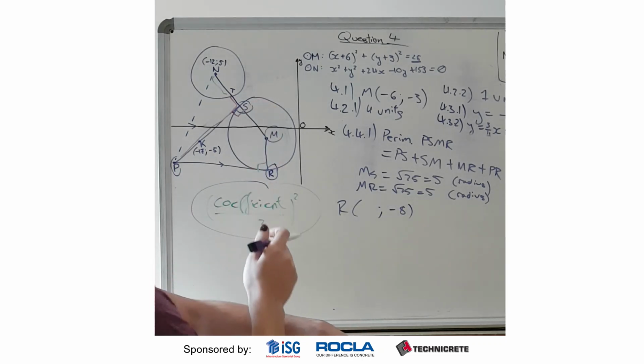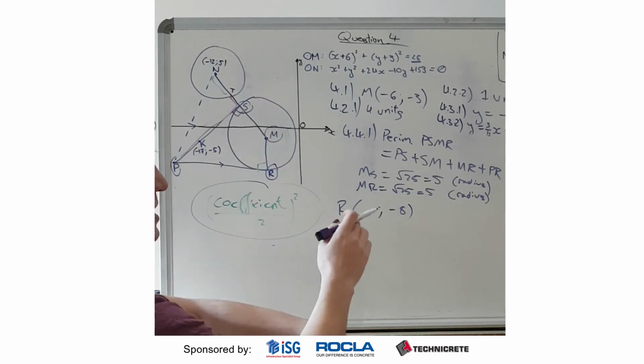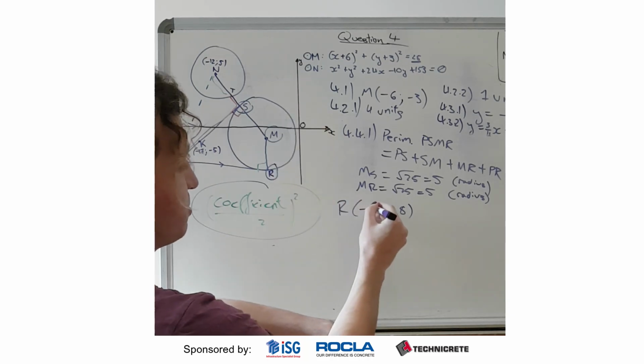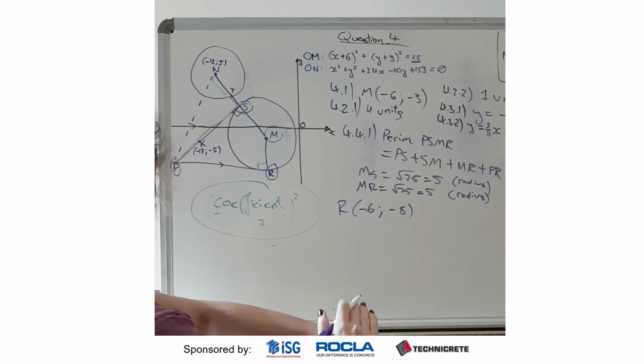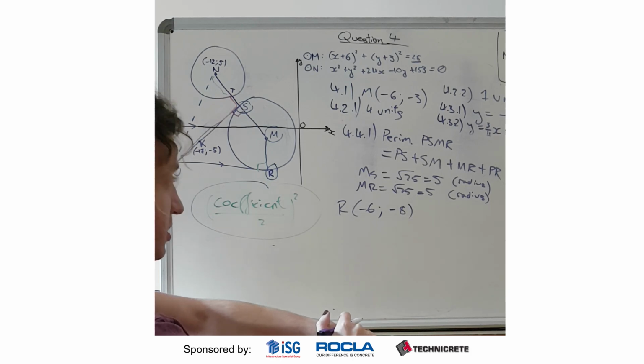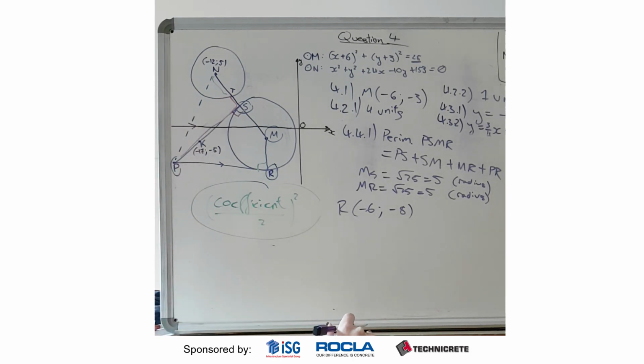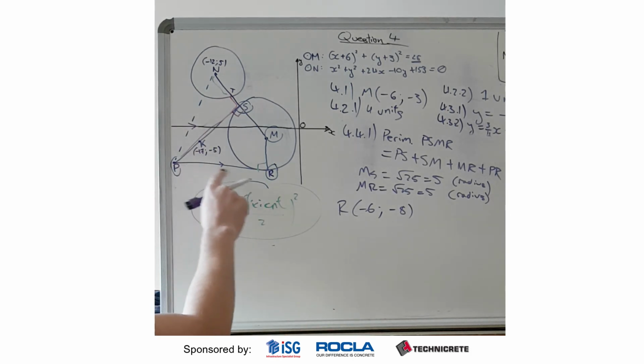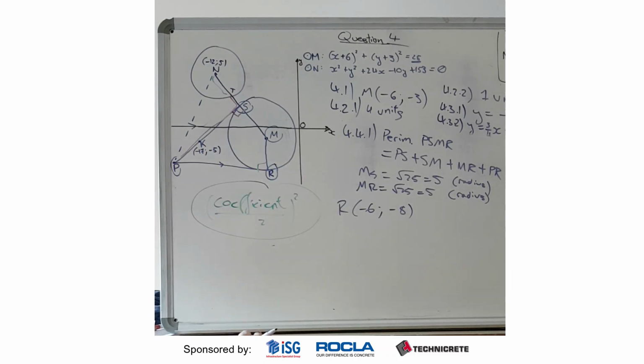And it's also directly down from M. So it shares an x value with M. So it should just be -6, -8. There are lots of ways to calculate that. You can calculate using this line, which is basically what we just did. You could first find P and then find R, but anyway.